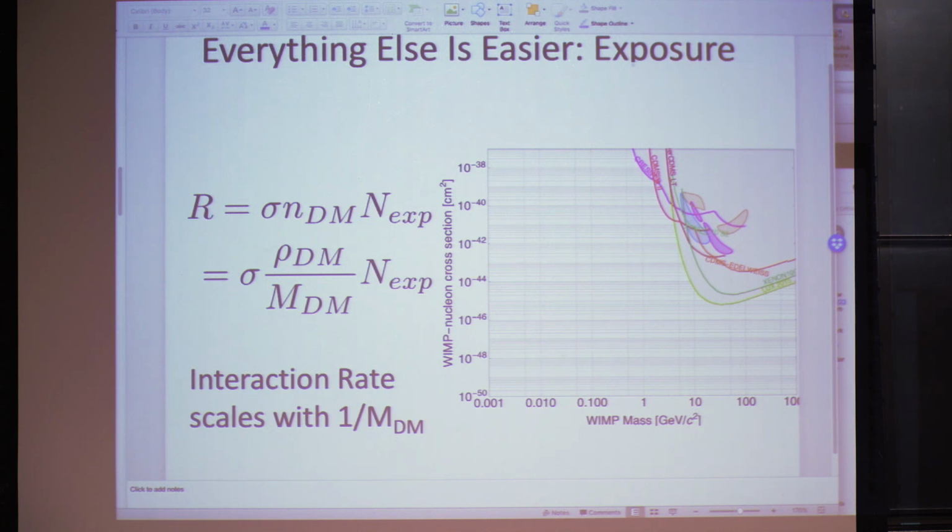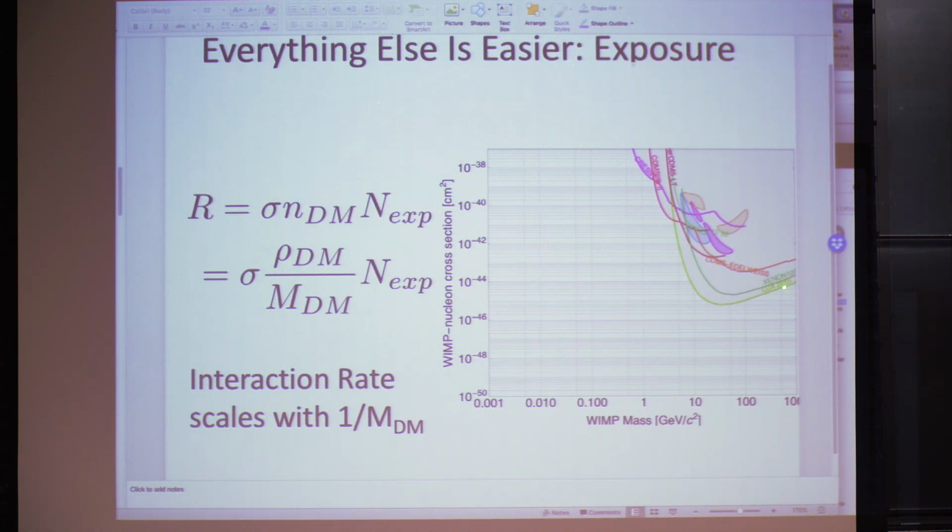So here is that exact same idea of the rate that we had previously. It's sigma, the cross-section, times the number density of dark matter, times the exposure. And because the number density scales as the mass density divided by m, we see that the interaction rate scales as 1 over mDM.